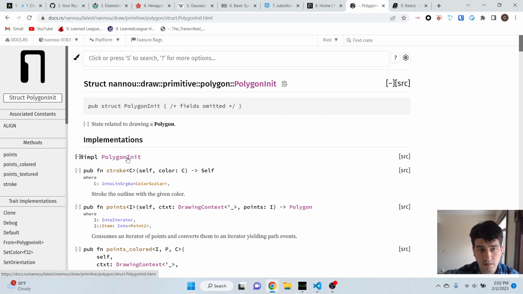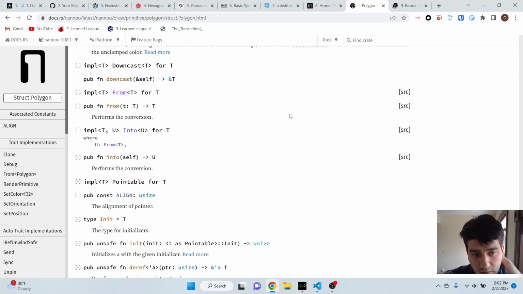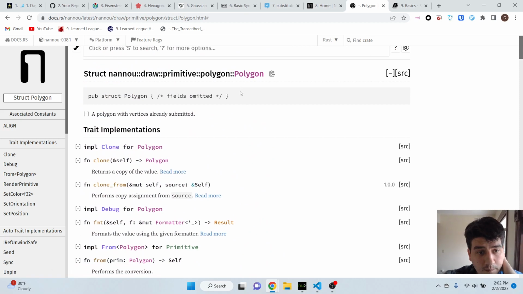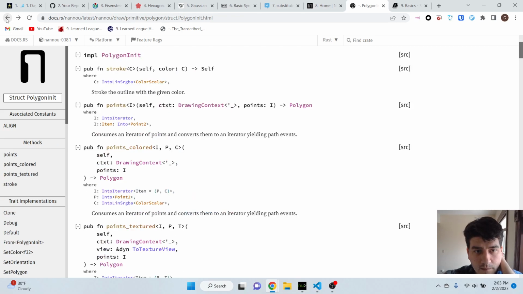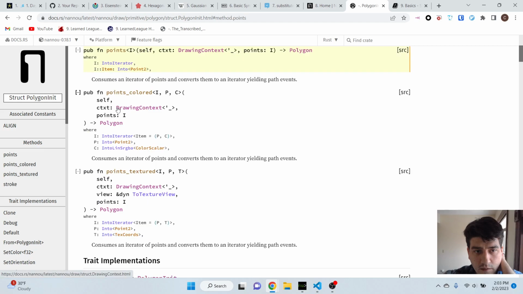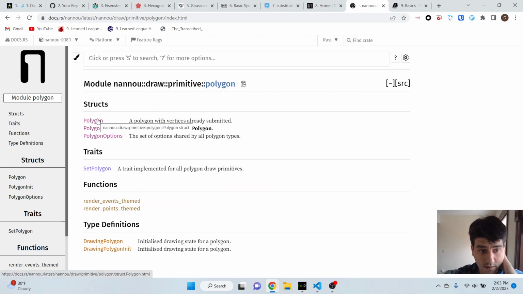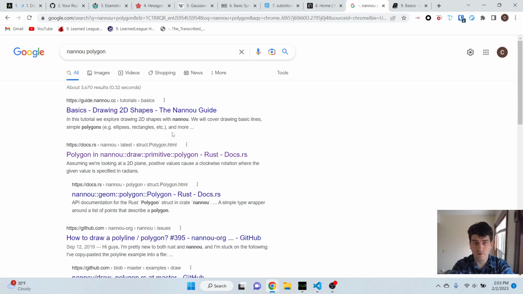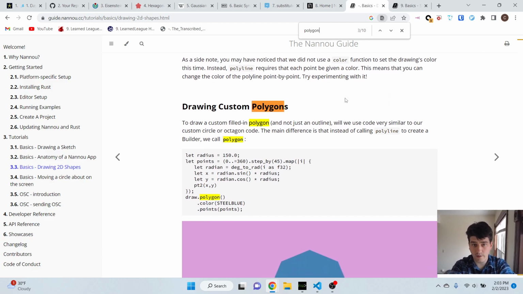Polygon init. Can I see an example? A new polygon. Drawing 2D shapes. Polygon. There we go. Points.